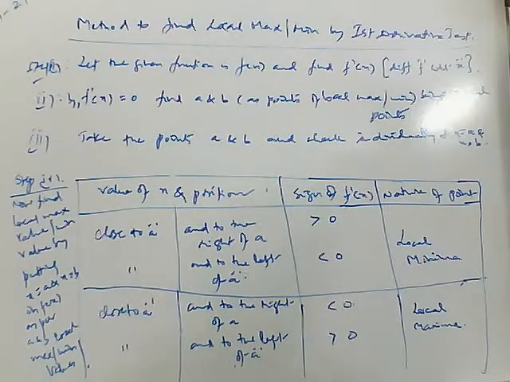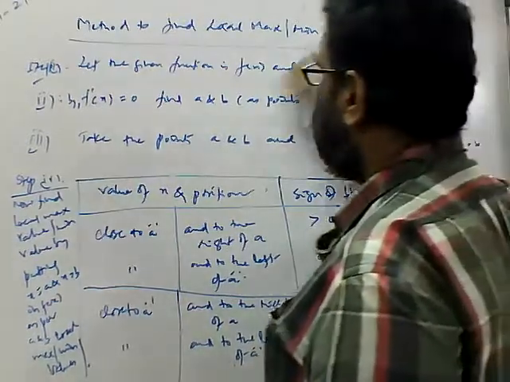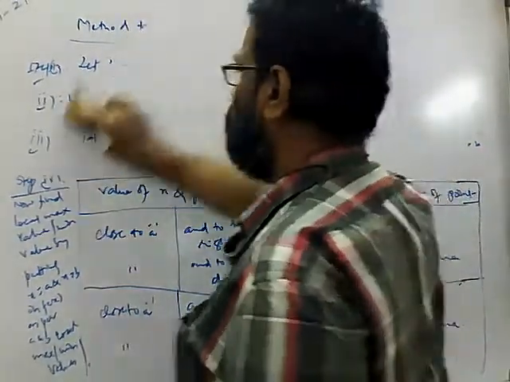Okay, next. If you get 2 or more critical points, then you have to use the number line.